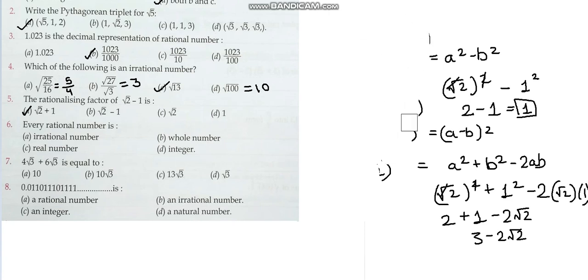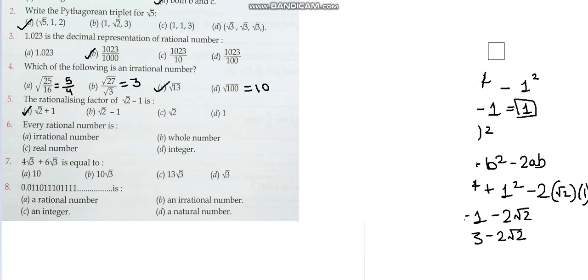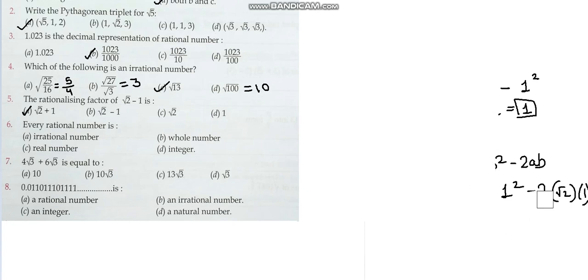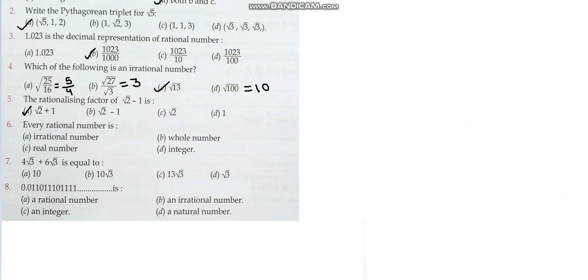So irrational numbers cannot be represented in the form of p by q, where p and q are integers and q not equal to 0, and whole numbers include the natural way of counting from 1 to infinity and 0. Integers are all positive, 0 and negative numbers, and real numbers consist of rational numbers, integers, and whole numbers.